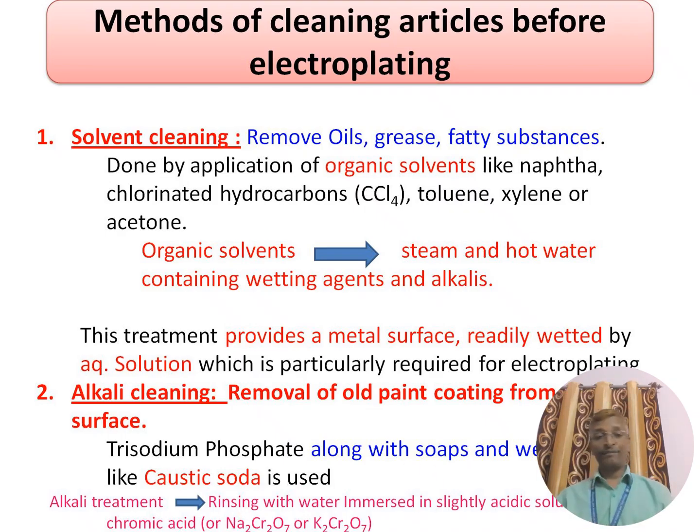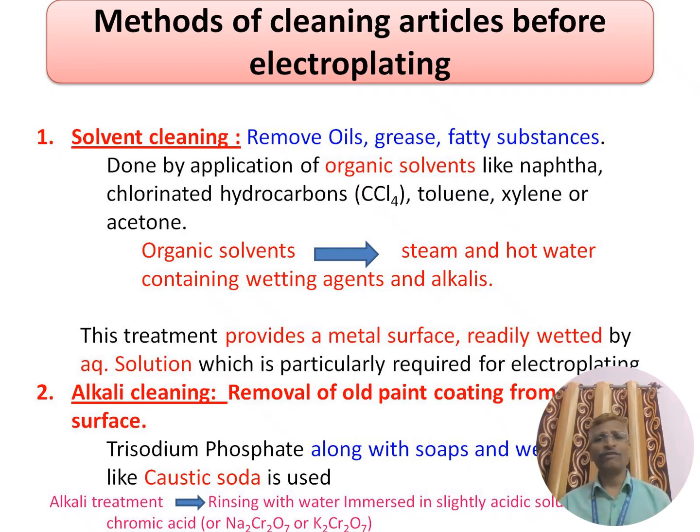What are all the cleaning methods? There are 5 or 6 methods we have to follow, depending on the objects. Now I will explain the whole method. Based on the object, it will vary slightly. First method, solvent cleaning. Solvent cleaning uses an organic solvent mostly, which may be naphtha or chlorinated hydrocarbons, that is carbon tetrachloride, toluene, xylene, acetone.